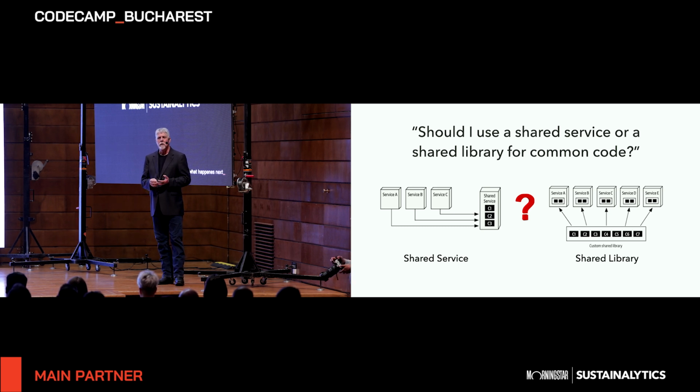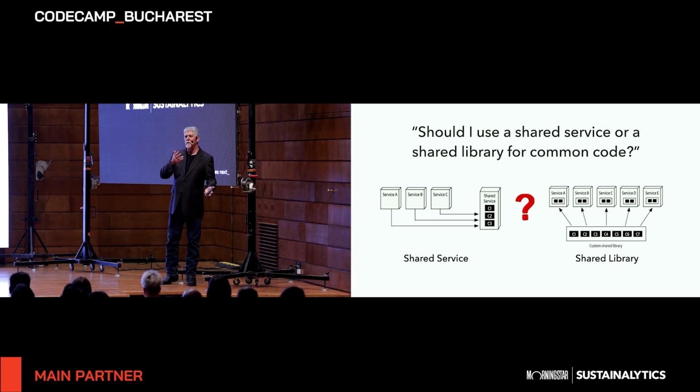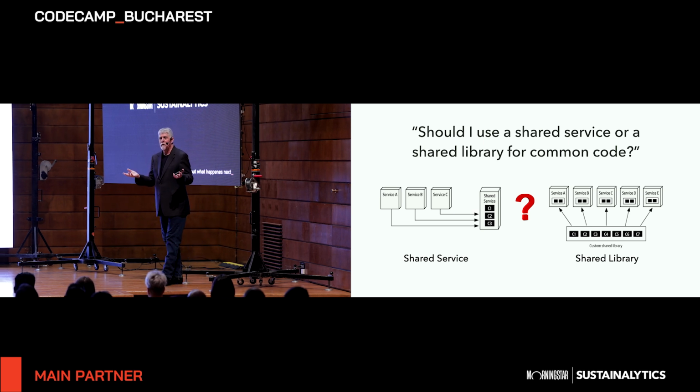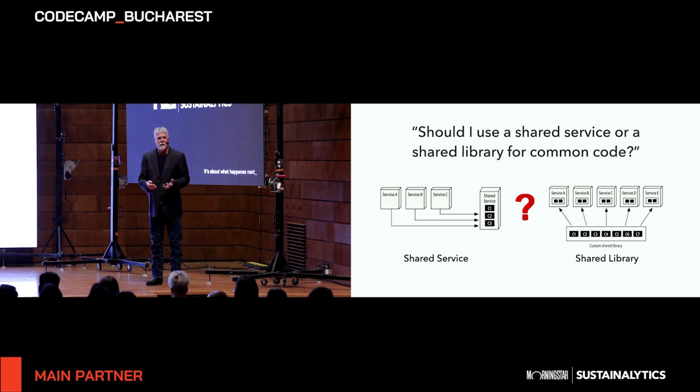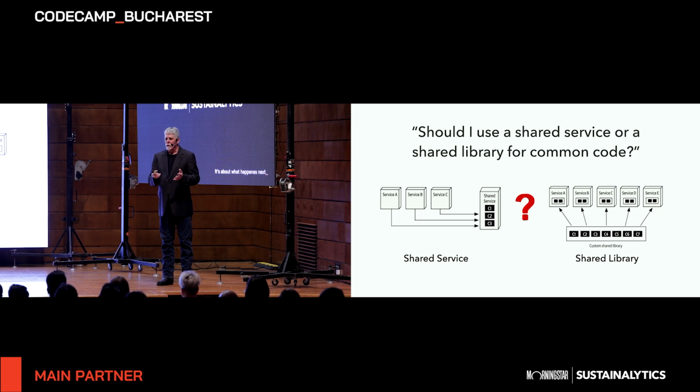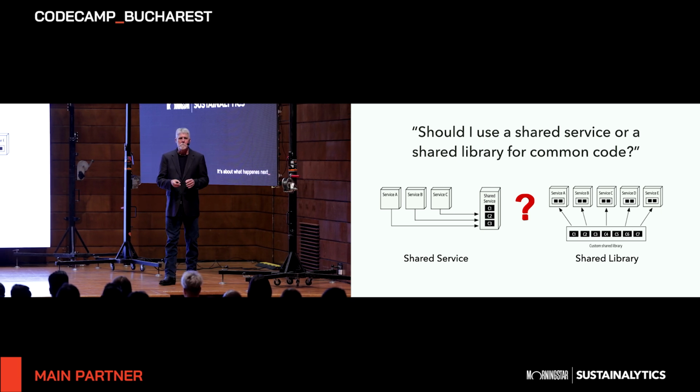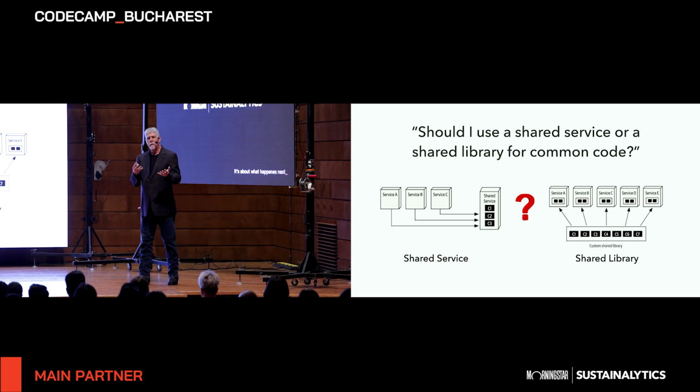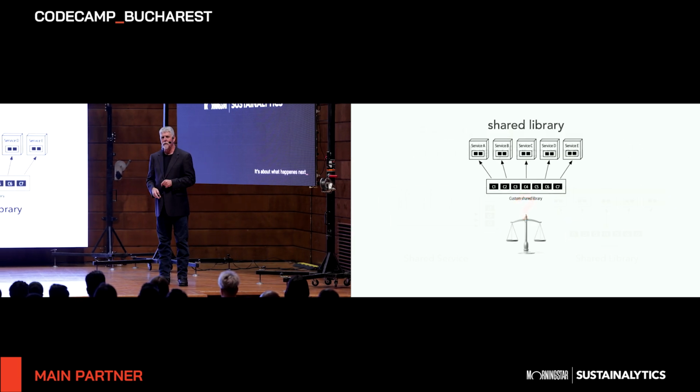Think about authorization, think about logging, auditing, metrics gathering. These are common things that we have, utilities that we use in our code. This is a complex decision. So again, understanding the trade-offs is really the first piece of simplifying this decision.